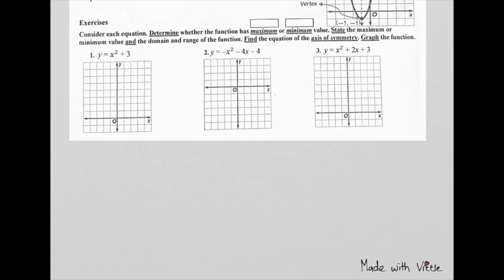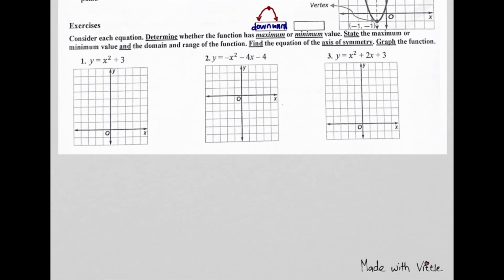Let's do the exercises. Consider each equation. Determine whether the function has a maximum or minimum value. State the maximum or minimum value and the domain and range of the function. Find the equation of the axis of symmetry. Graph the function.